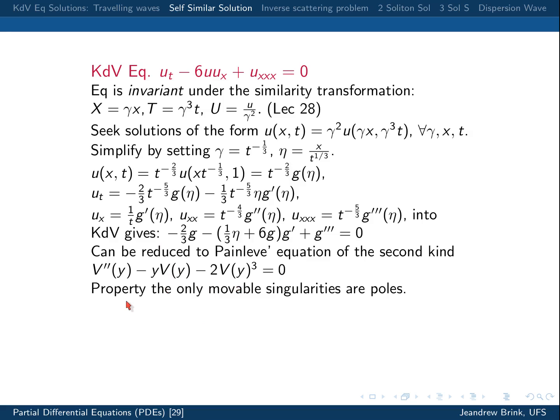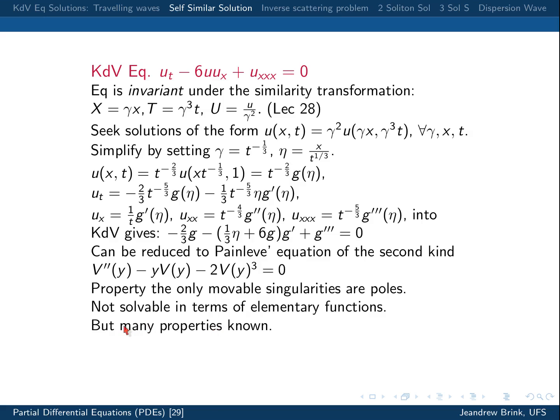It has only movable singularities or poles, and the reason I am not going to solve it further is that it cannot be expressed in elementary functions. It is actually a new kind of function that solves this equation. A lot of its properties are known and were explored by Painlevé because these equations occur a lot.